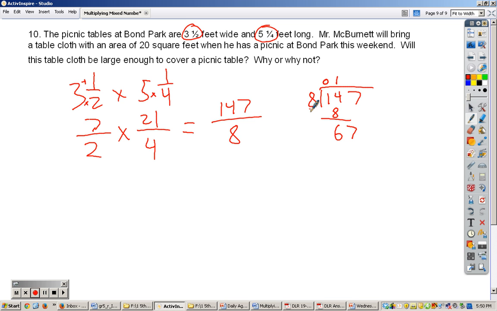My brain's drawing a blank. 8 times 8 is 64. There we go. Remainder of 3. So 18 and 3/8 is our answer.